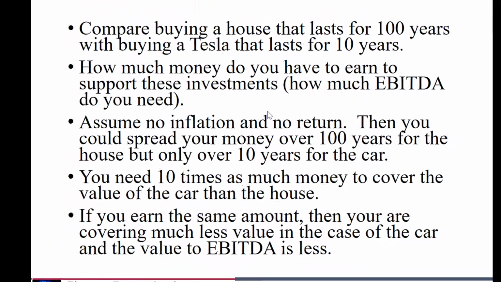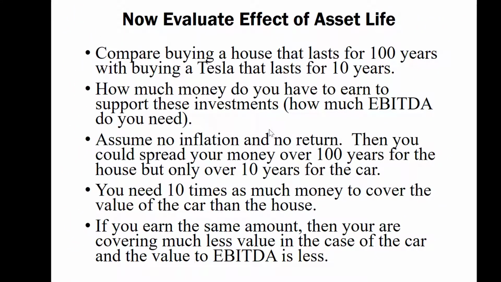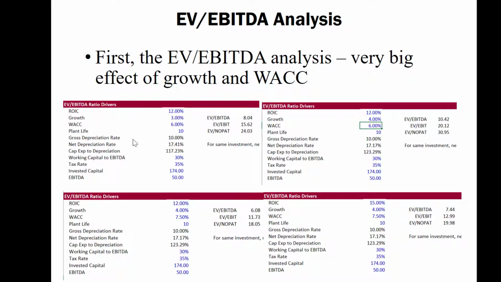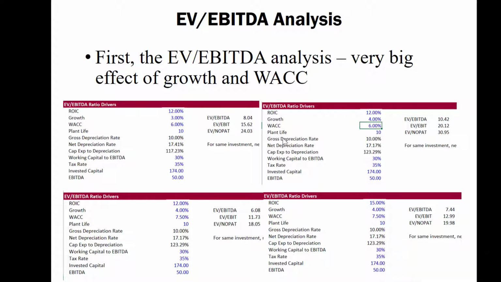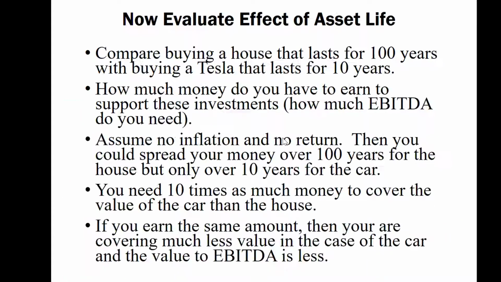Okay. Now, let's think about why. The problem I didn't show you here is that the asset life has a really big effect. And I have such trouble explaining why you cannot look at an EV to EBITDA ratio and say one company that has kind of short-term investments is the same as another company with really long-term investments.